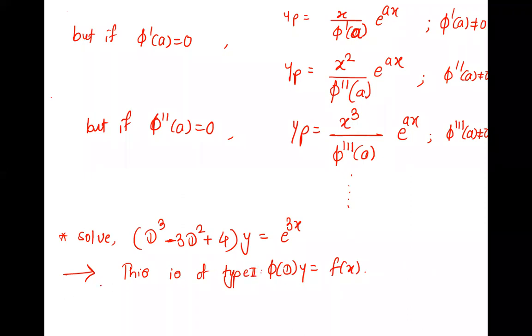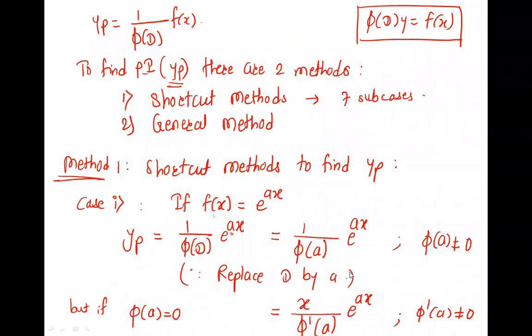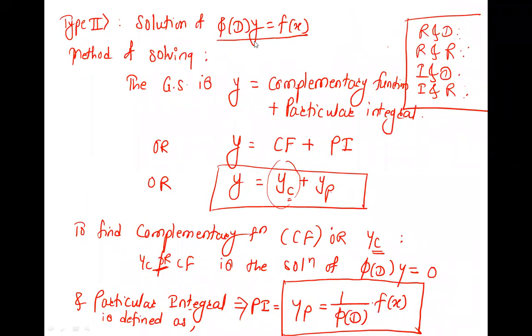So how to write the solution? Therefore its general solution is, for phi dy is equal to f of x type. What is the general solution of phi dy is equal to f of x? We have started here. Phi dy is equal to f of x. Its general solution is y is equal to yc plus yp.